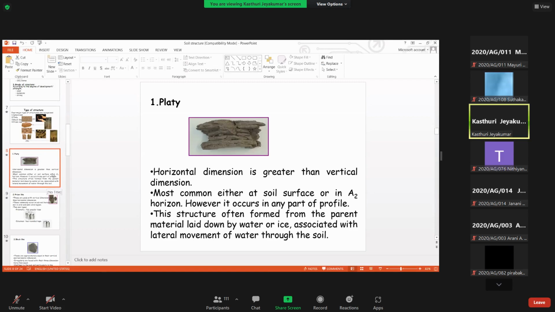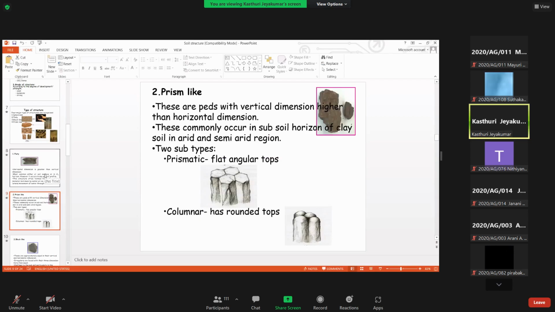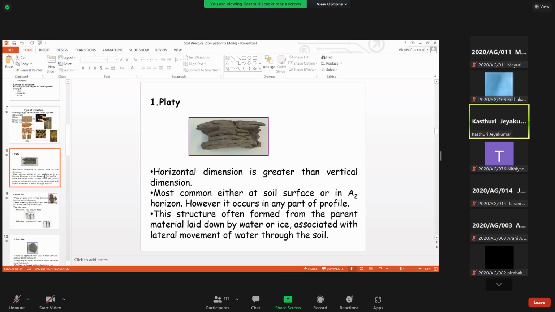You can expect a question like: compare and contrast platy structure and prism-like structure. In platy, the horizontal dimension is greater than vertical dimension.